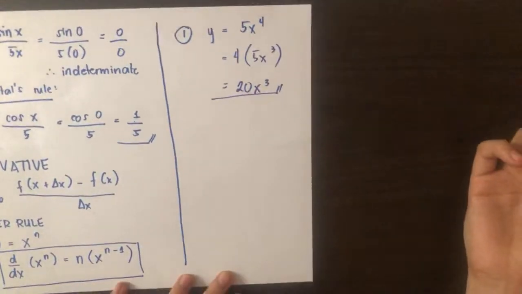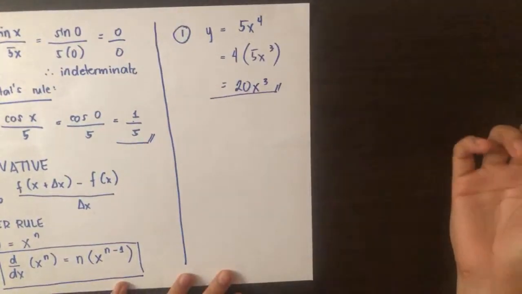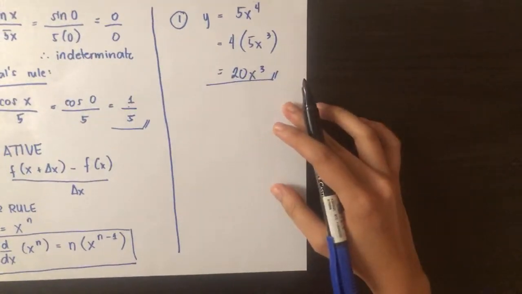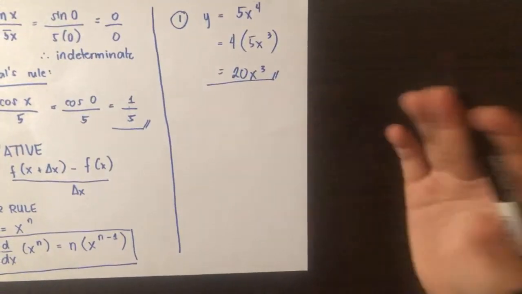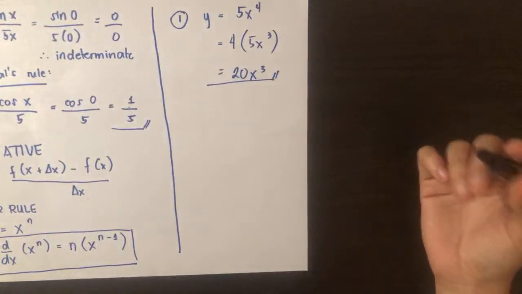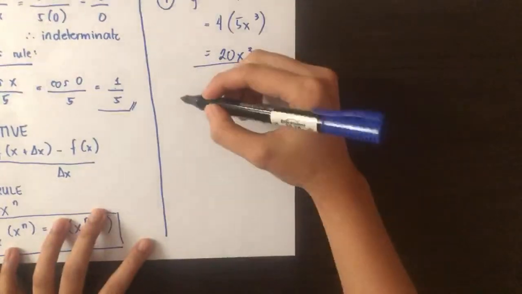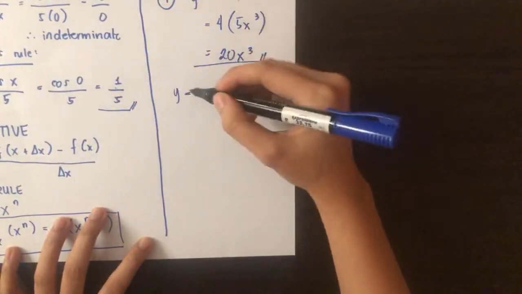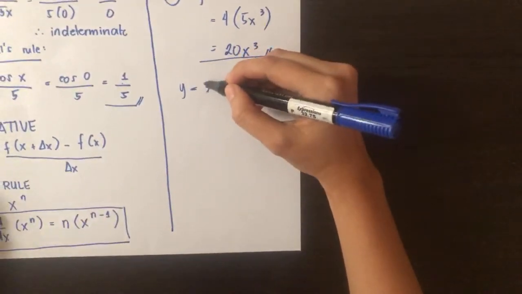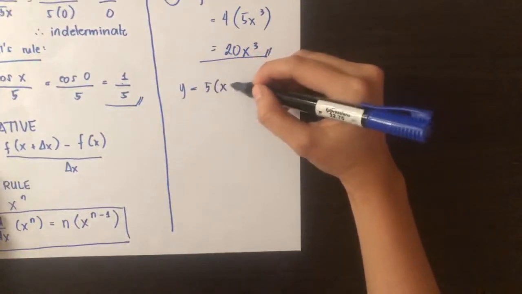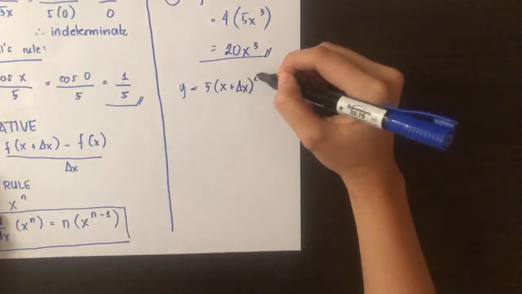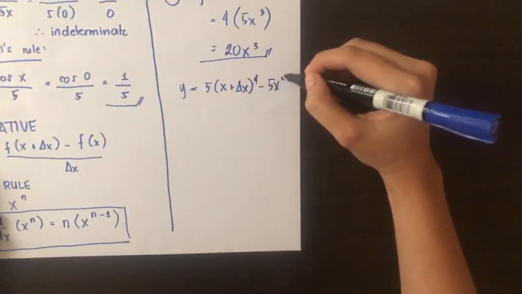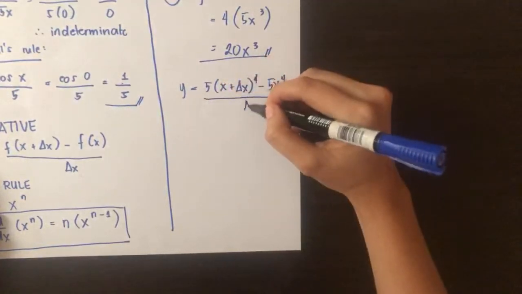So, paano naman kapag ginamit ko yung long method? Kasi sa ibang schools, dinidiscuss pa rin nila yung long method derivatives. So, isi-show ko lang sa inyo kung paano yon. So, we have 5x plus delta x raised to 4 minus 5x raised to 4 over delta x.